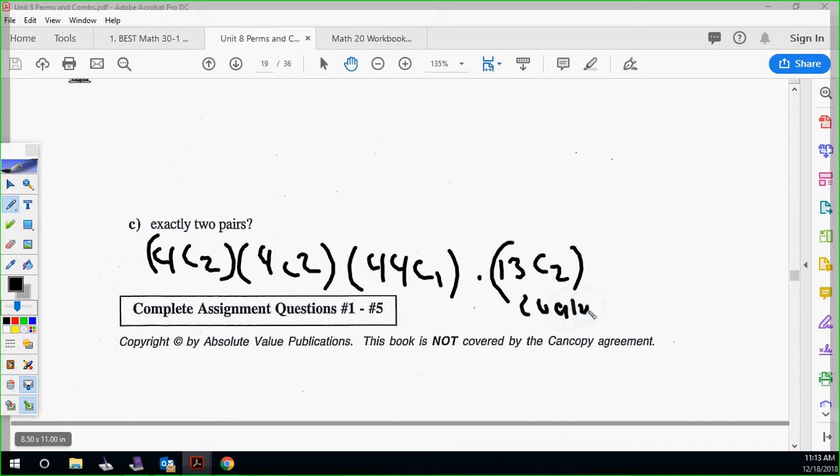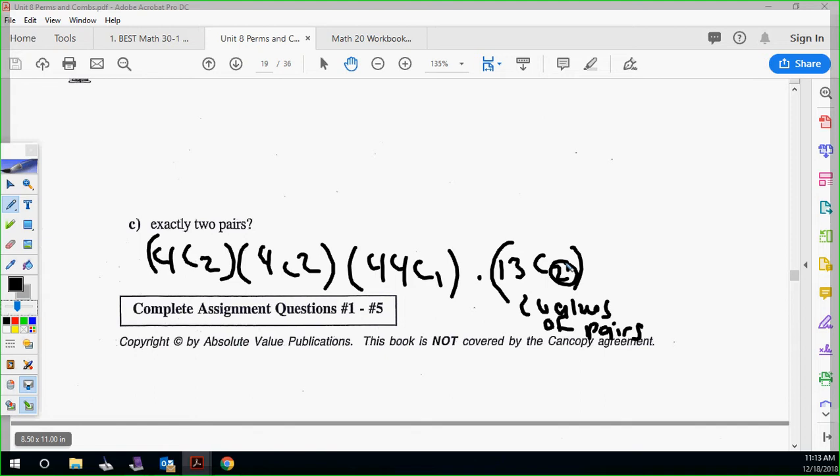This is a little bit confusing. Here we want 4 of a card, and we select 2 of them. So let's say 4 2s, we choose 2 of them. 4 jacks, we select 2 of them.